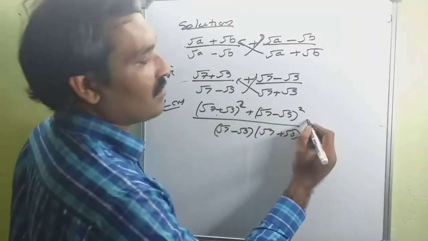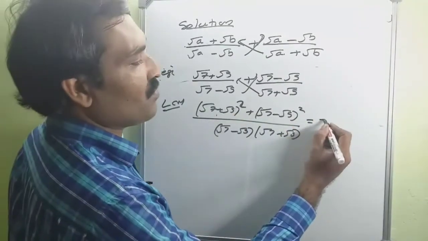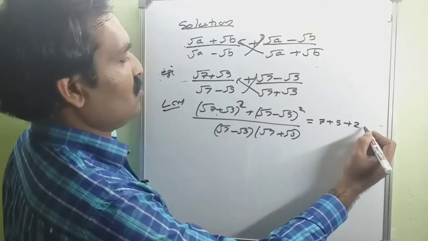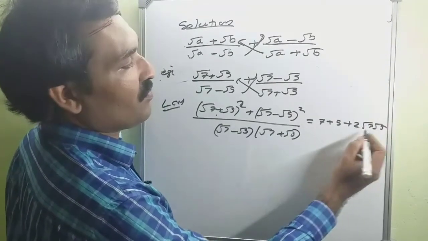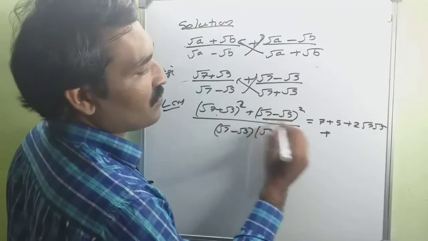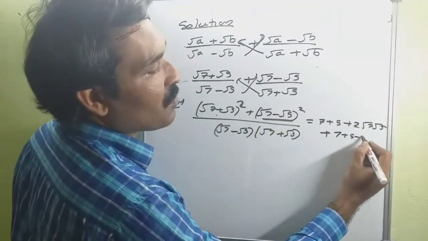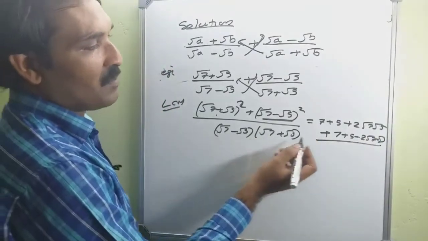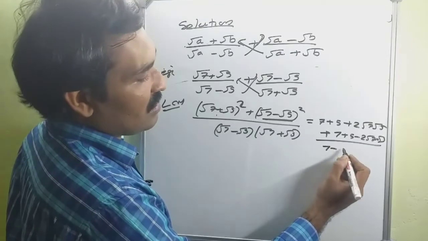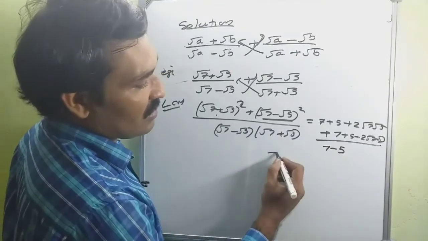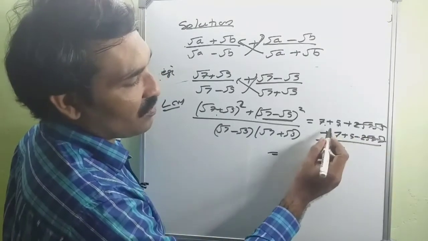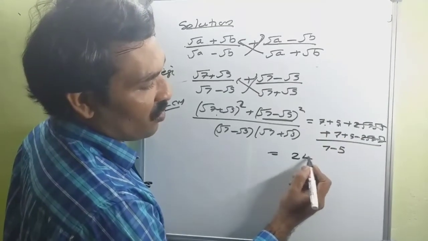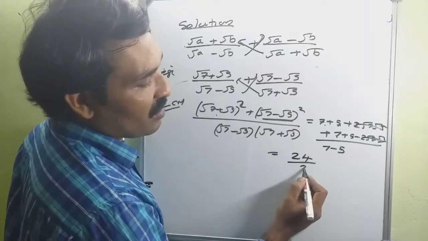By expanding, this is equal to A plus B the whole square form: 7 plus 5 plus 2 root 7 into root 5, plus expand this term, 7 plus 5 minus 2 root 7 into root 5, divided by A minus B into A plus B form, that is 7 minus 5. So this and this get cancelled. 7 plus 5 plus 7 plus 5, that is 24, divided by 7 minus 5, that is equal to 2.